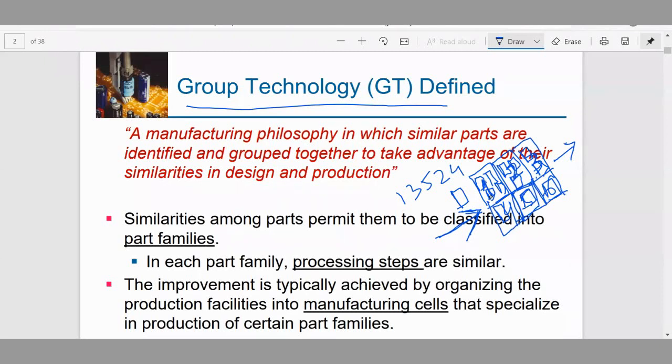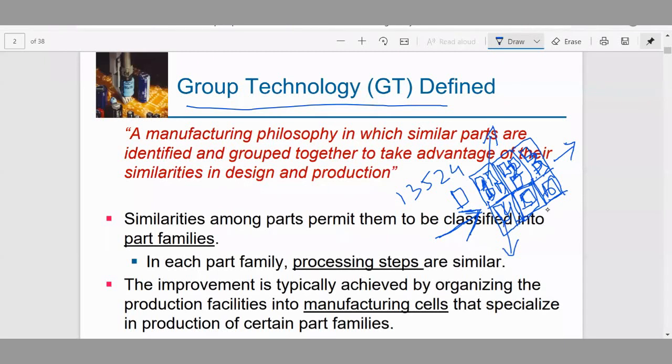For example, if the part is cylindrical, then most of the operations will be done in cell number 1, because in this cell all the lathe machines are placed, and the lathe machine does those operations which are mostly for cylindrical parts, spherical parts, and these types of parts. If the part has too many operations relevant to drilling, then the part will be processed in cell number 4.